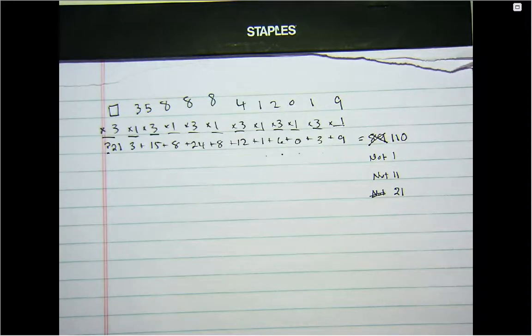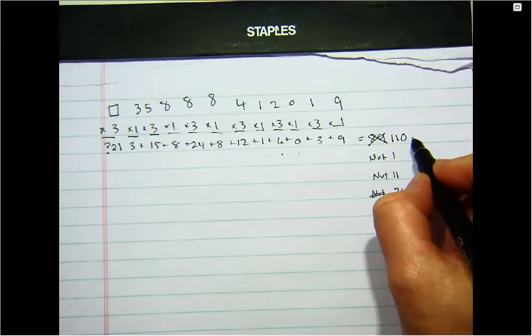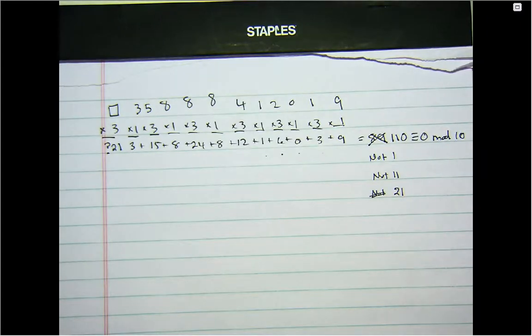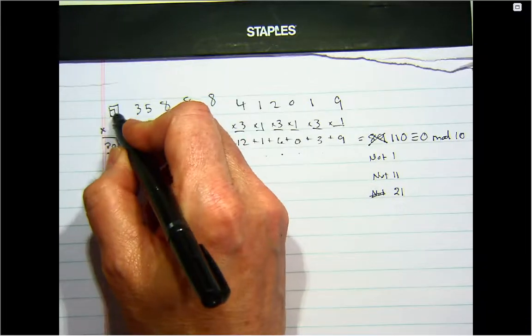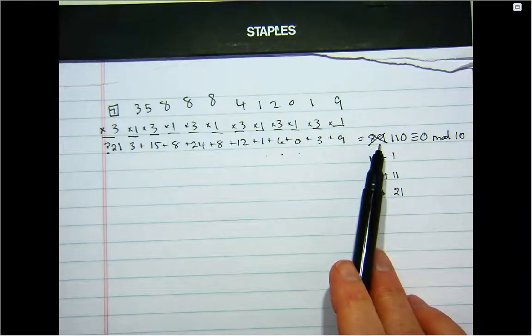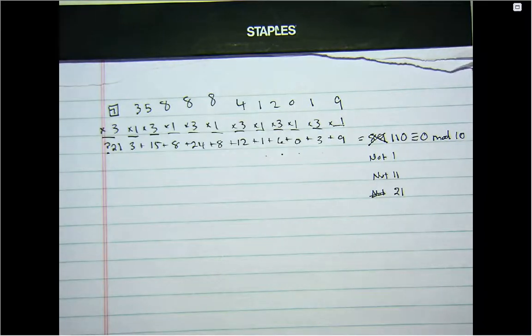So 110 is equivalent to 0 mod 10, okay, because 110 is a multiple of 10. So when you take out your multiples of 10, you take out 11 multiples of 10, and you get 0. So that means this number has to be 7. So I couldn't just add 1 on. That would get me to 90, which is 0 mod 10, but it's not a multiple of 3.